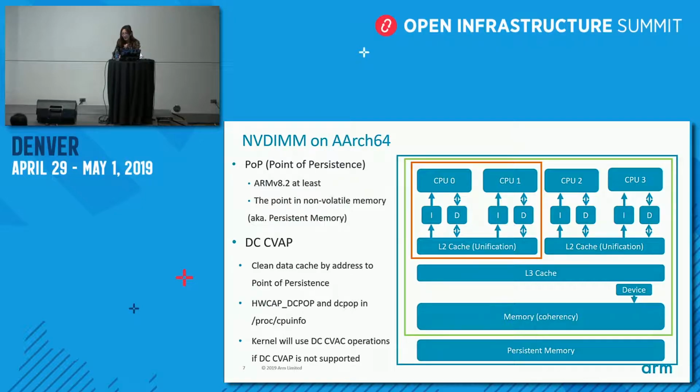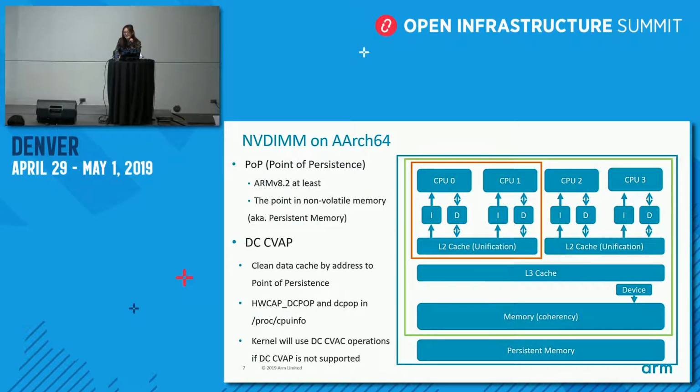In ARM version 8.2, we introduced a new concept, POP, point of persistence, which is specifically designed for non-volatile memory devices. Along with this new concept, we also added a new instruction, DC CVAP, to clean the data cache by address to the point of persistence.